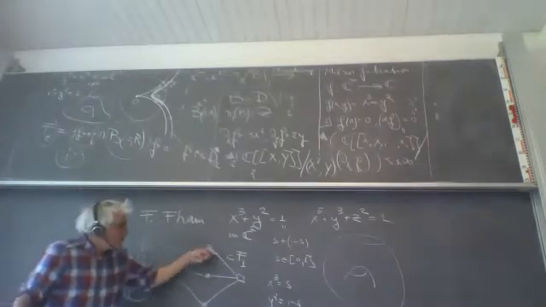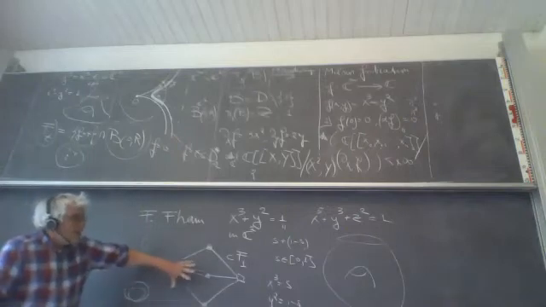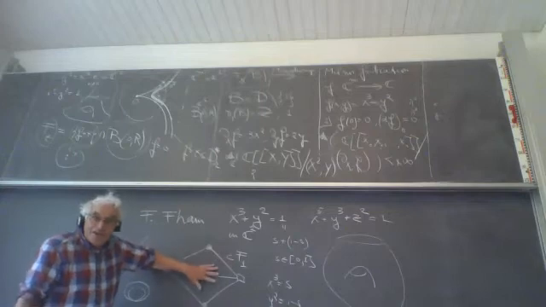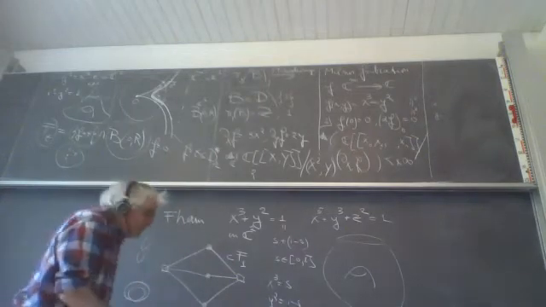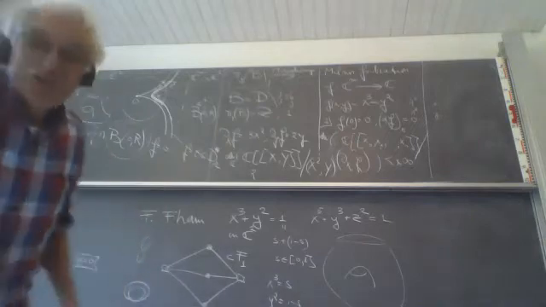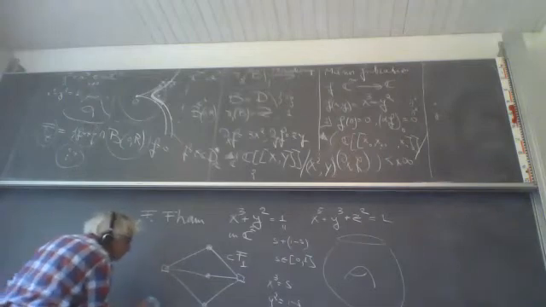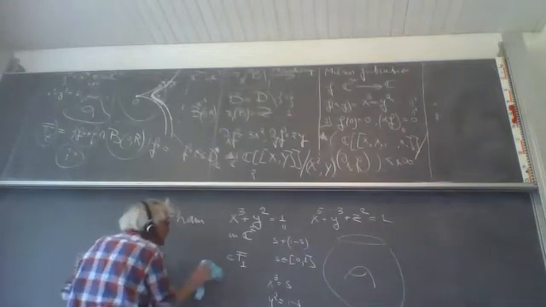And when I shrink this line, also wedge of two circles. So this is in many ways the same as a wedge of two circles. But this is also a good model to compute monodromy, this FAM graph. It's a good way to compute monodromy.